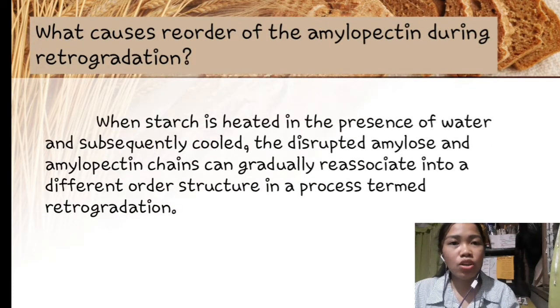And what causes the reordering of the amylopectin during retrogradation? When starch is heated in the presence of water and subsequently cooled, the disrupted amylose and amylopectin chains can gradually reassociate into a different ordered structure in a process termed retrogradation.